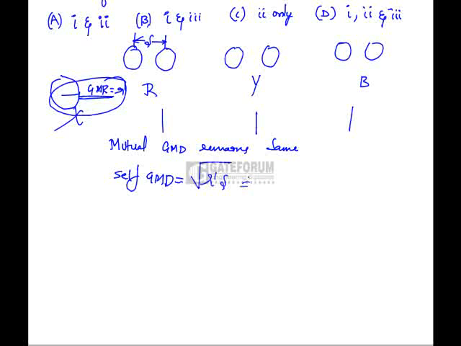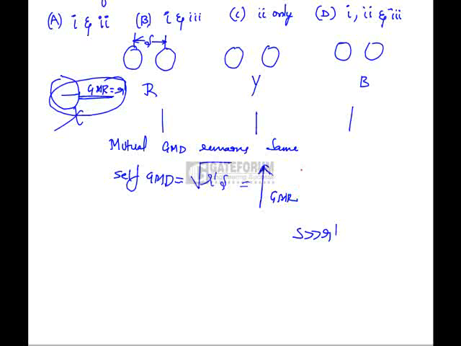Earlier GMR was R dash, now it is square root of R dash into S, where S will definitely be greater than R dash. That means self GMD is increasing. From a power systems point of view you can call self GMD as GMR also, whereas in mathematics it is not valid. Many power systems textbooks refer to it as GMR, geometric mean radius. So compared to one subconductor per phase, it is increasing.